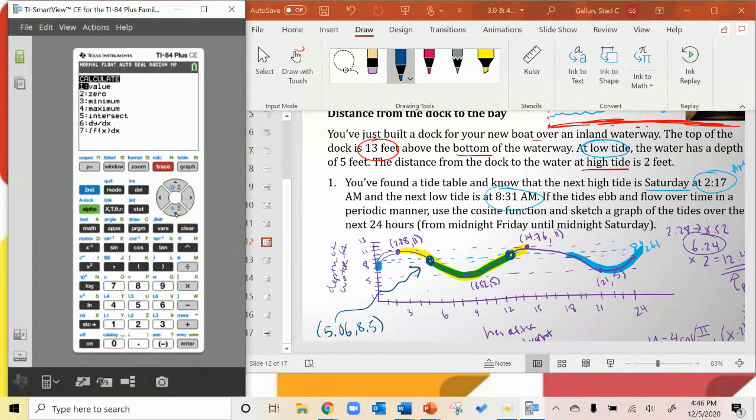Second trace intersect. No, I pushed a button. Second trace intersect. Enter, enter, enter. 11.97.